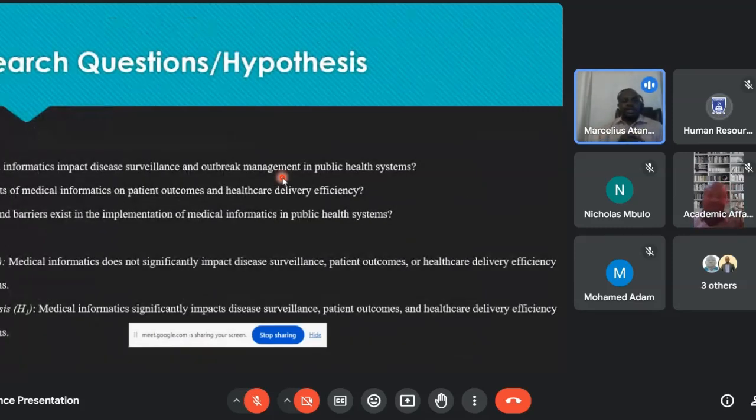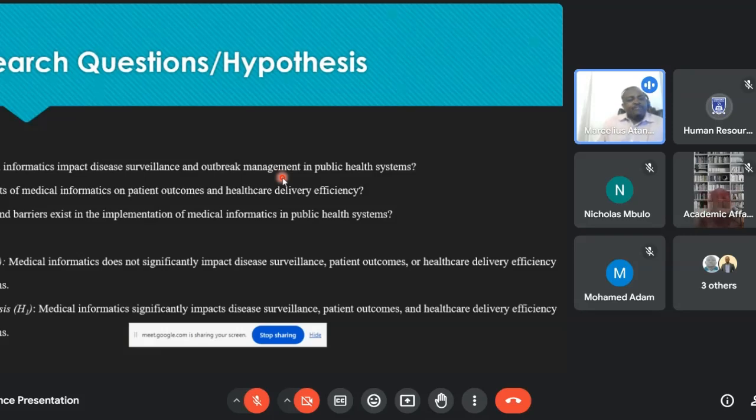In order for us to advance in a scientific fashion with this study, we try to, first of all, set a priori some research questions and some of the questions we came up with. How does medical informatics impact disease surveillance and outbreak management in public health systems?